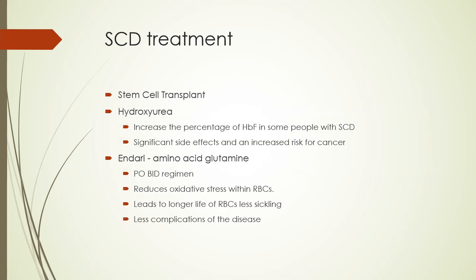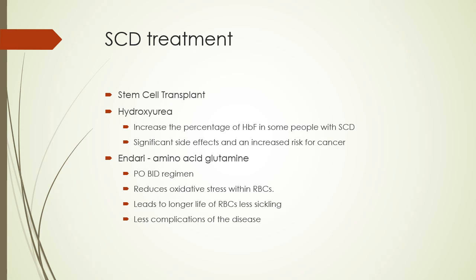So the treatment for sickle cell disease again includes stem cell transplant, and we talked about the pros and cons of it before, but also there is a pharmaceutical treatment.